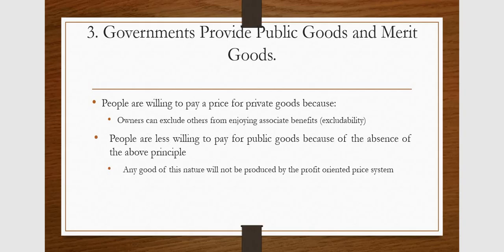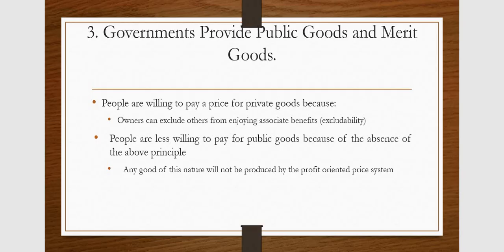And so what many people are wishing for is what the government is also ready to deliver to them. And here we are saying owners can exclude others from enjoying associated benefits. Here there is excludability. Public goods and merit goods are not the same, but they are somehow close.